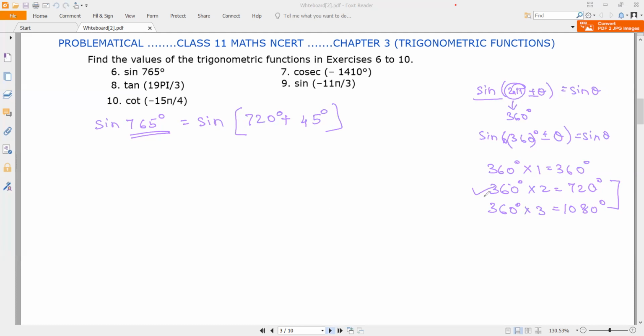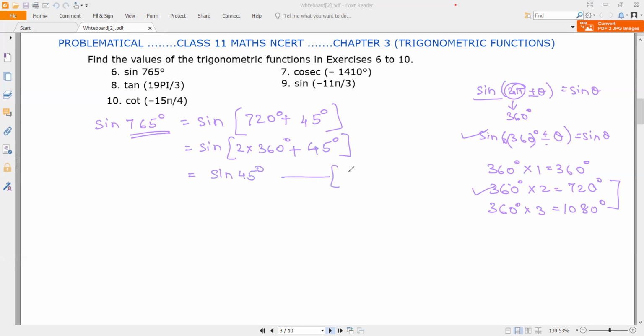Because it's a multiple of 360 and we are aiming for this kind of formula. So sine of 2 into 360 degrees plus 45 degrees. So all you've done is modify the given angle in a form acceptable to us. This is n into 360 degrees plus theta, where theta stands for 45. So the answer will be equal to sine 45 degrees.